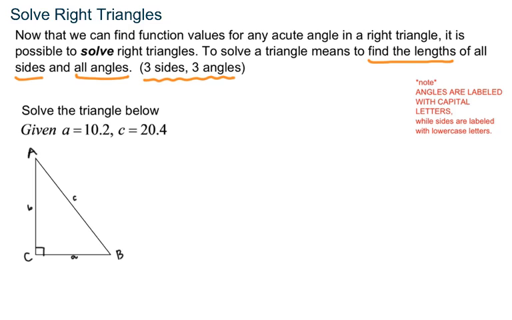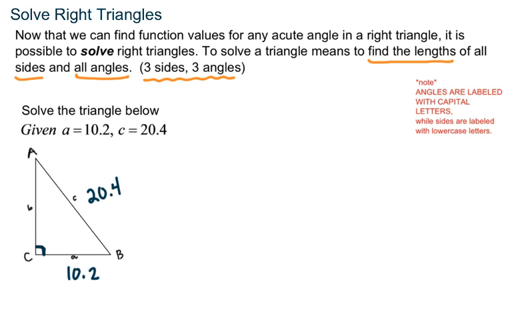All right, so here we have two pieces of information given. We know that little side a is 10.2, and we also know that little side c is 20.4. And of course, we're given that angle C is my right angle.